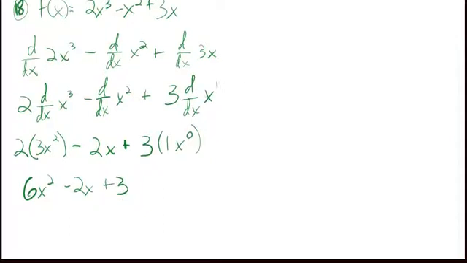Alright. 32. I've lost it. f of t equals 3 minus 3 over 5t.